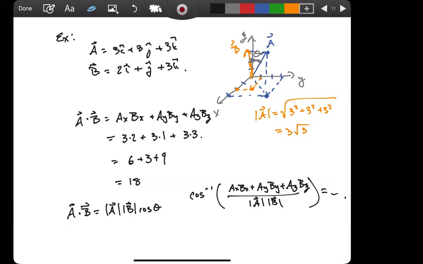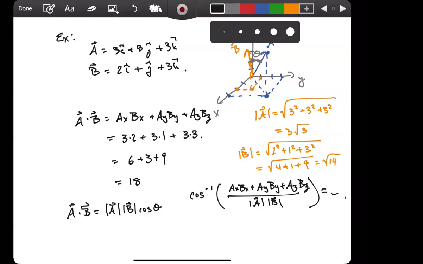Because if I factor out the 3, that gives me a 3 out front, and then I have 1 plus 1 plus 1, which is the 3. So let's look at the magnitude of B. It's going to be the square root of, by Pythagorean theorem, 2 squared plus 1 squared plus 3 squared. So it's the same thing as the square root of 4 plus 1 plus 9, which is the square root of 14.